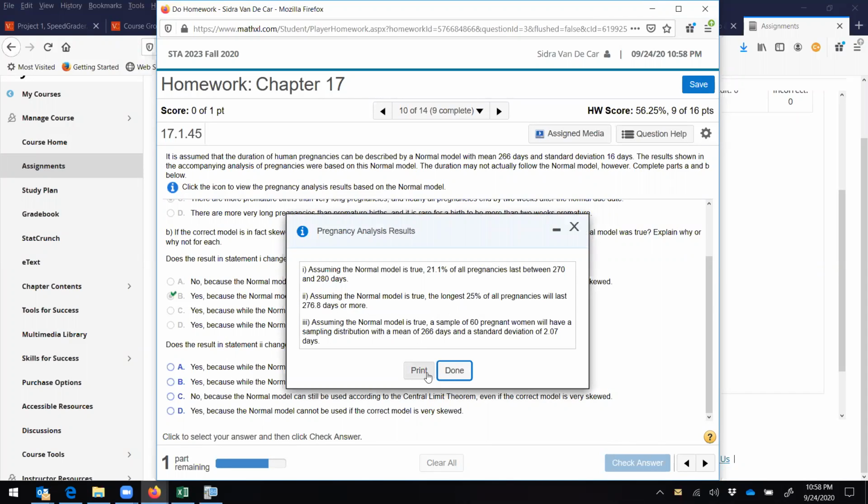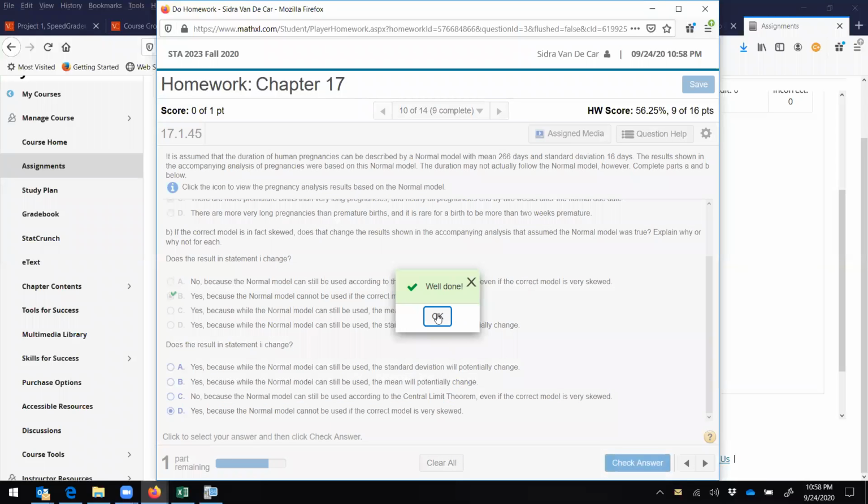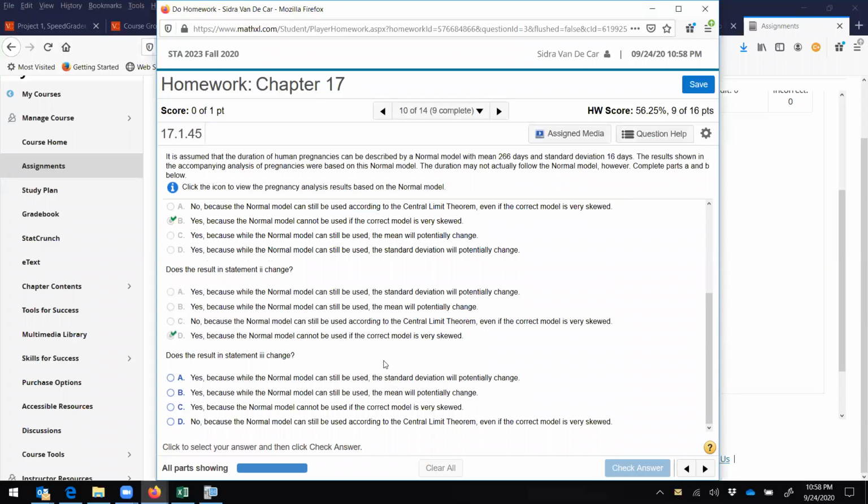So yes, both statement 1 and statement 2 will change. There we go, D. But statement 3 is fine because it is the central limit theorem.